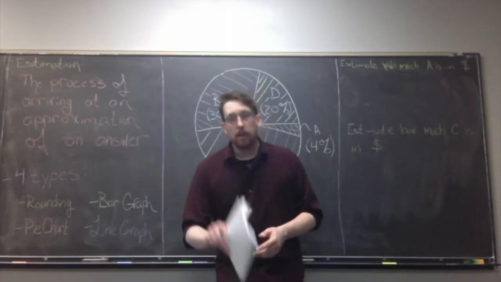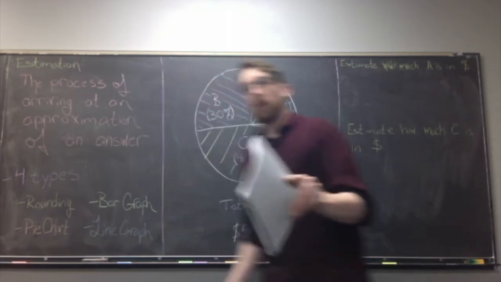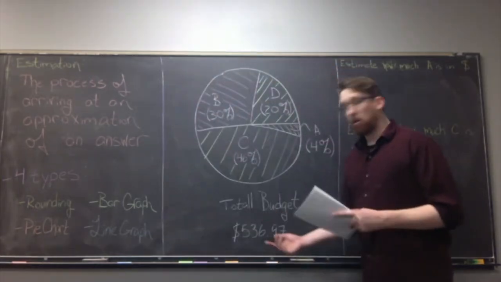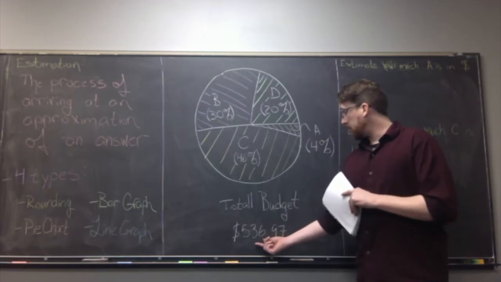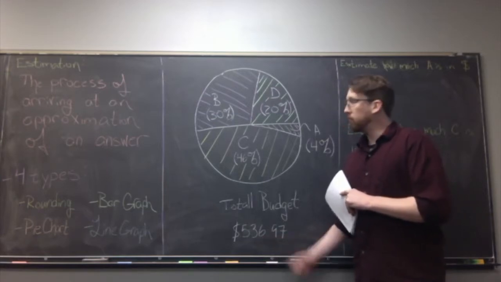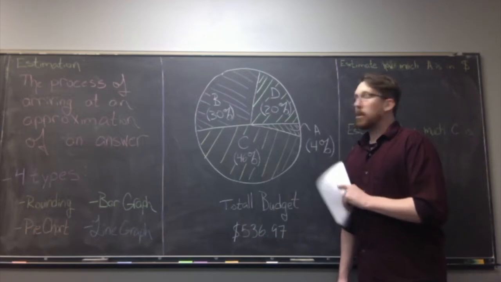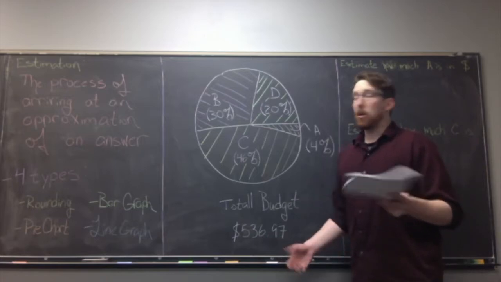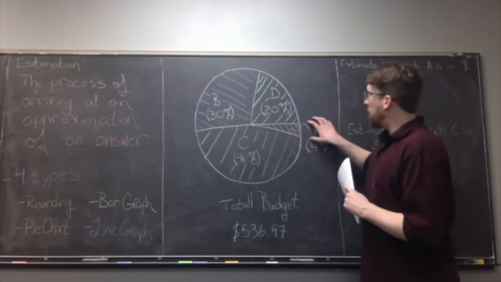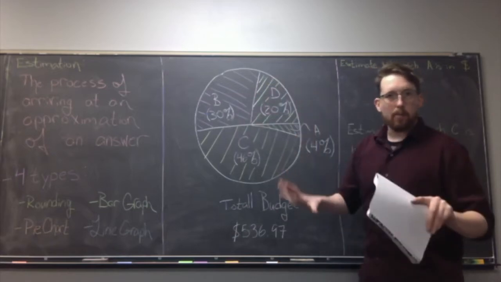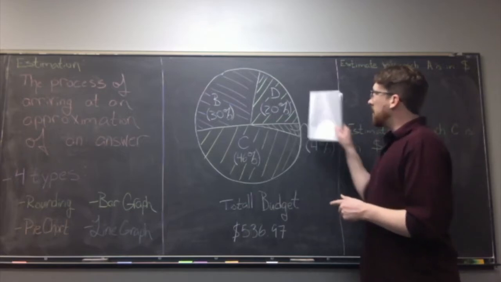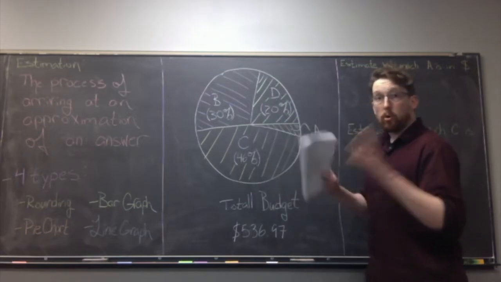Knowing this, let's look at a particular example. Let's say we've got a company or an individual with a total budget of $536.97. And this individual is spending money on items A, B, C, and D. So it's broken up into each of these individual subparts of the total budget.